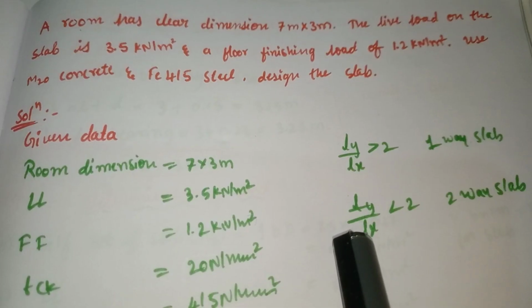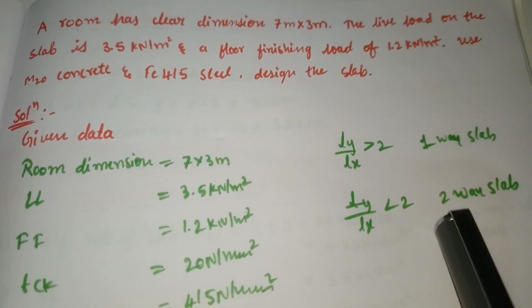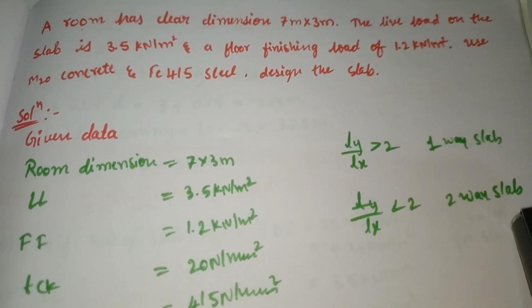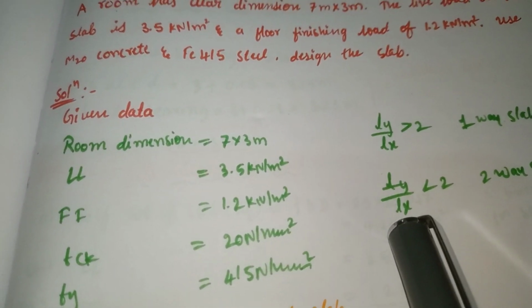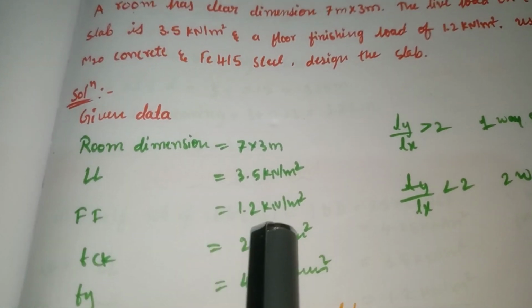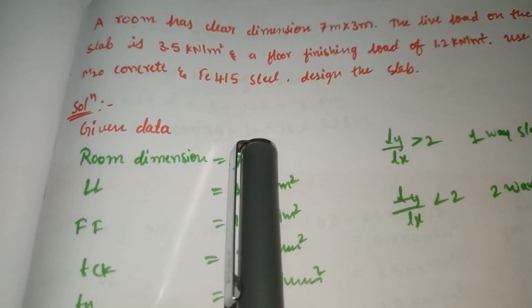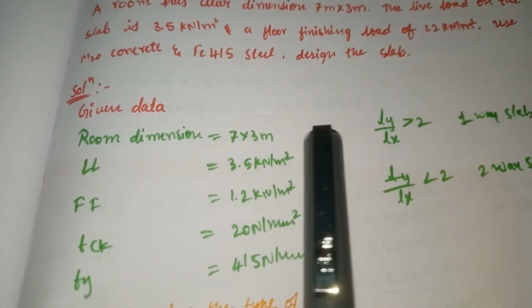If Ly by Lx is less than 2, then the slab is designed as a two-way slab. So we will see the step by step procedure. First step is to find out whether the given problem is a one-way slab or a two-way slab.